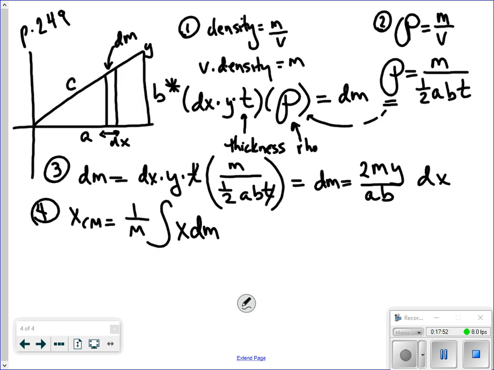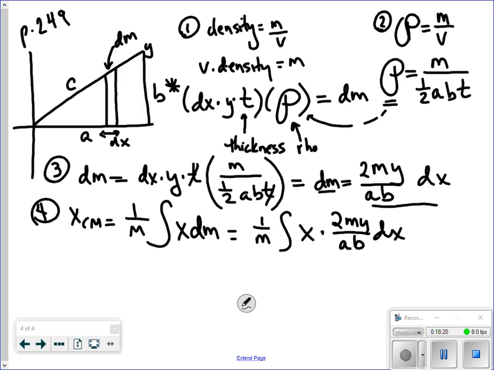Now if we take a look at what we've got here, I have an expression for dm, and if I put it in there by substituting this one, then I'm going to have x dx, which is where I want to go. So let's rewrite 1 over m integral of x times 2my over ab dx. I'm getting closer.